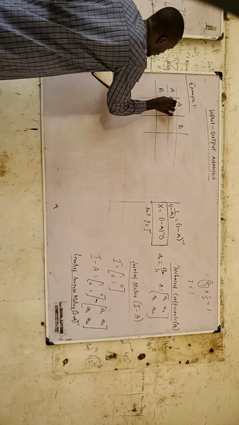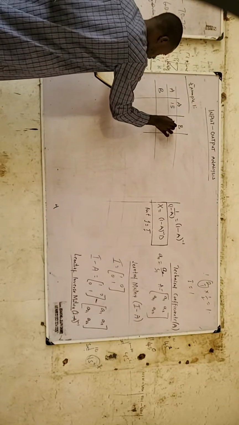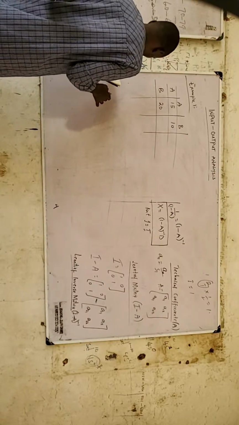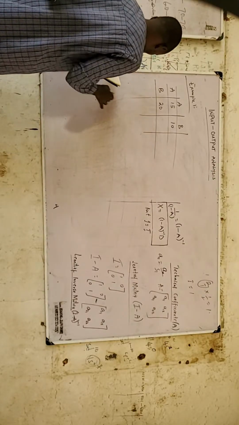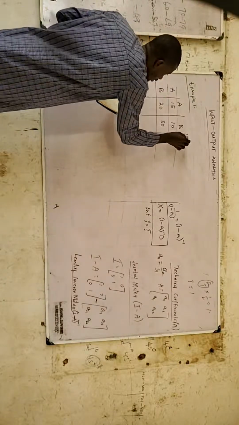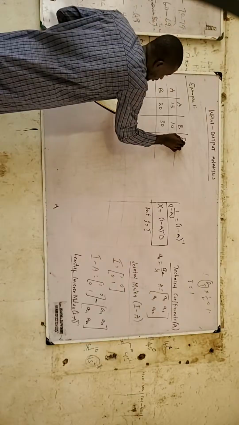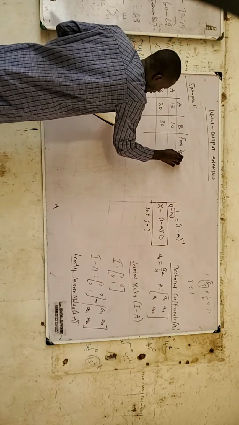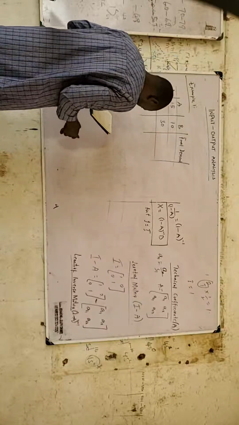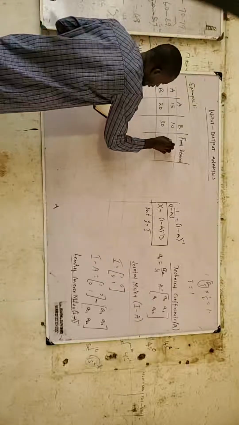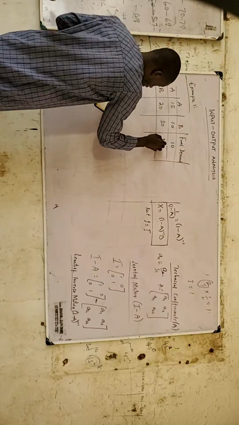So this one is 15, 10, 20, 30. The final demand here is 10, here is 15.